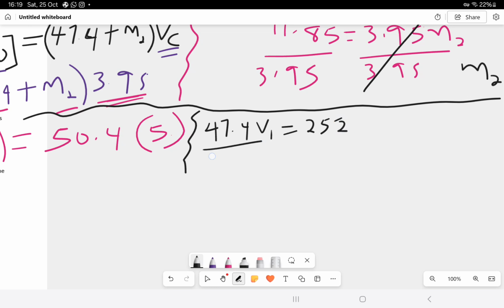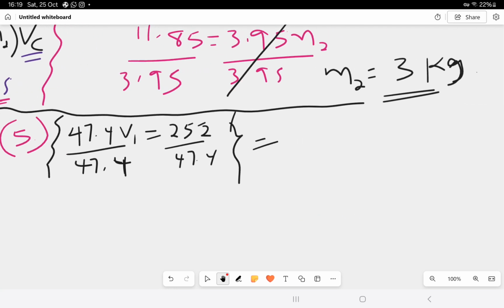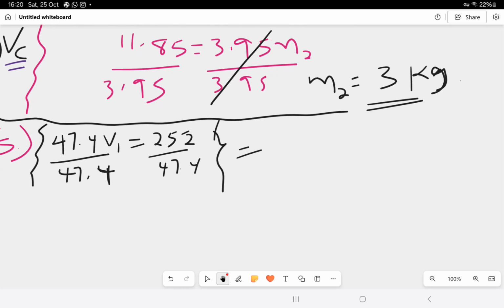So I need V1, divide by 47.4 on both sides, and therefore the speed the student would have jumped with will be 252 divided by 47.4, and you get 5.42 meters per second.